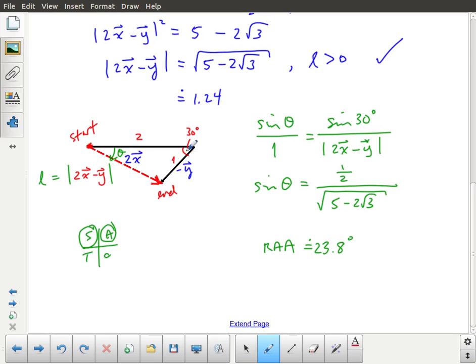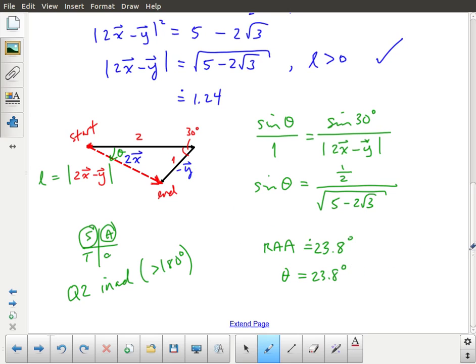But I know that I already have a 30-degree angle in there, and 156.2 plus 30 is more than 180 degrees. So my quadrant 2 answer is inadmissible, because that would give me a triangle with more than 180 degrees. So actually I end up with theta is equal to 23.8 degrees.